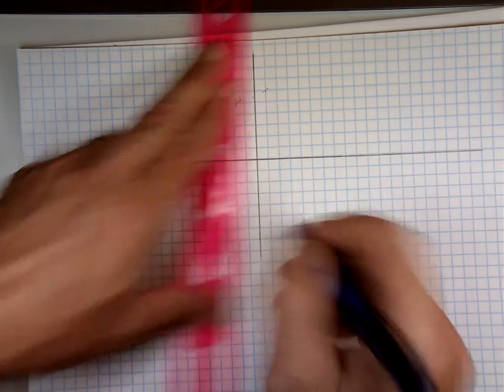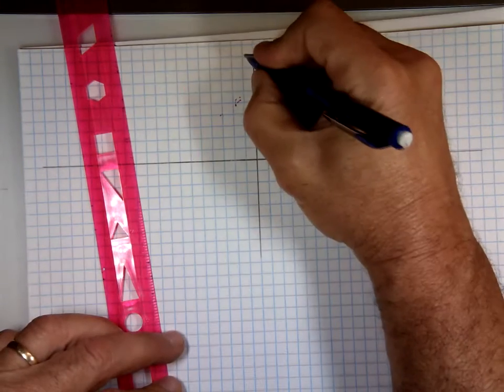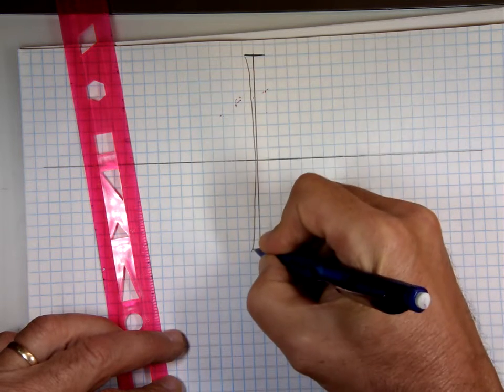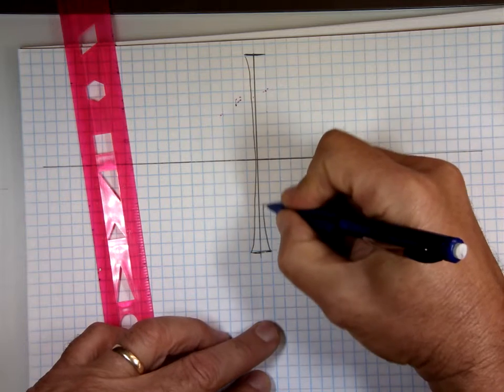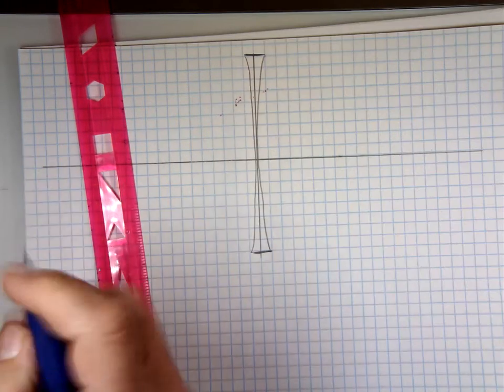Again, my lens, here we go, it's diverging. I'm just drawing it right now like this.